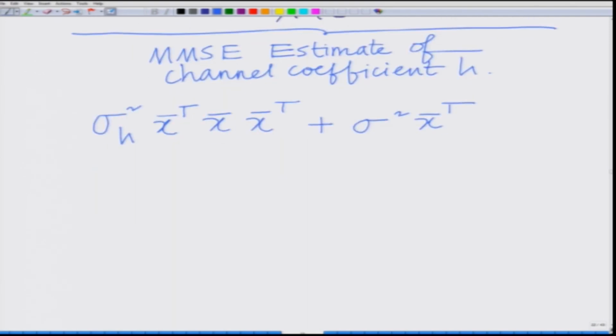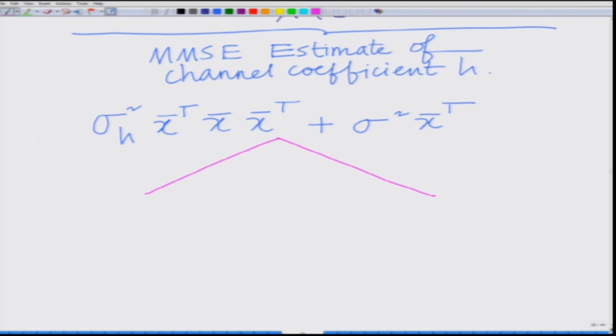Now, I can expand this quantity in two ways. I can either take x bar transpose common on the left, or I can take x bar transpose common on the right.